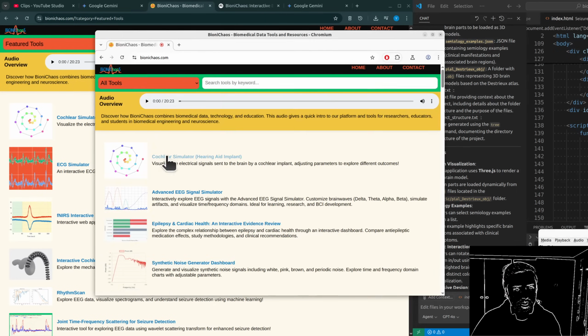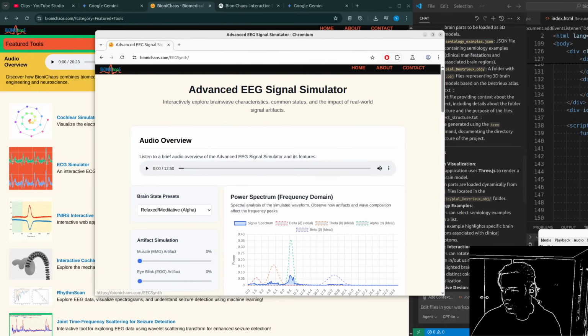What else we got? The signal generator. EEG signal generator.